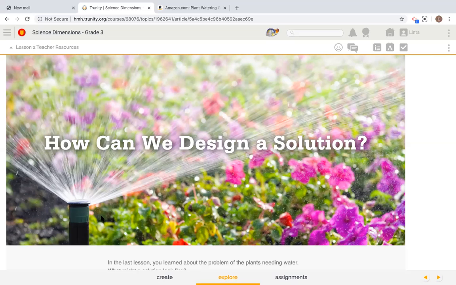So what is the problem? The problem is watering plants, right? And this sprinkler was designed as a solution to water the plants. Then came another problem. What was it? It was the amount of water lost.